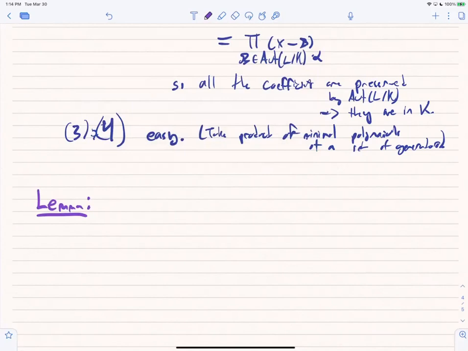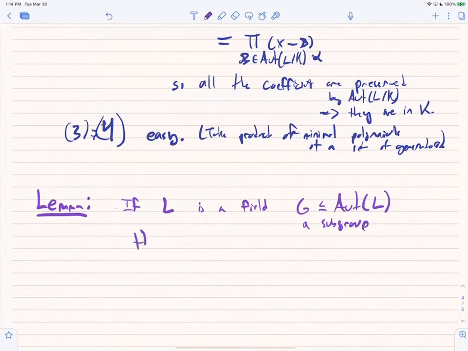Yeah. So the lemma is: if L is a field and G is a finite subgroup of Aut L, then the degree of L over the fixed field of G is the size of G. This is true for infinite subgroups as well, if you interpret all infinities as being the same.